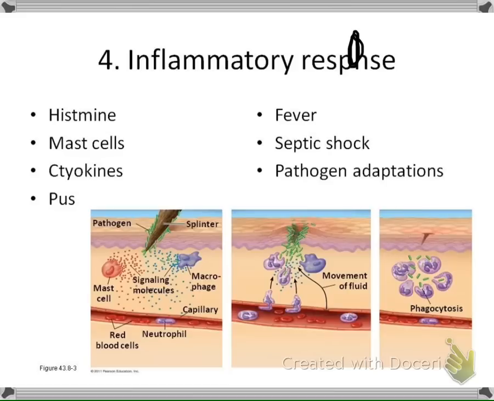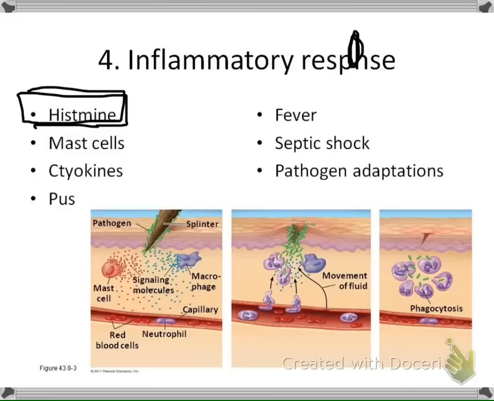If you have damage to a tissue by physical injury or pathogens, you'll have a chemical signal that is histamine. You've heard of antihistamines like Benadryl.